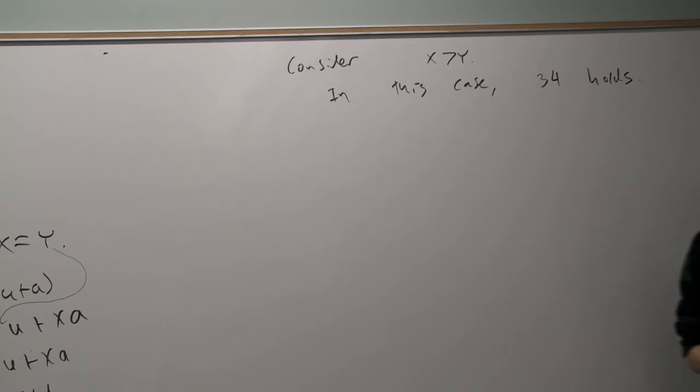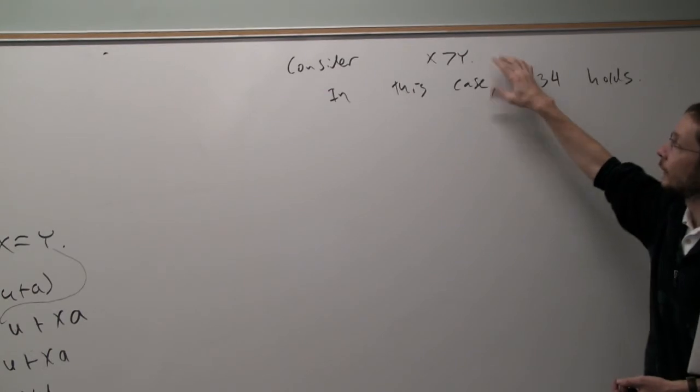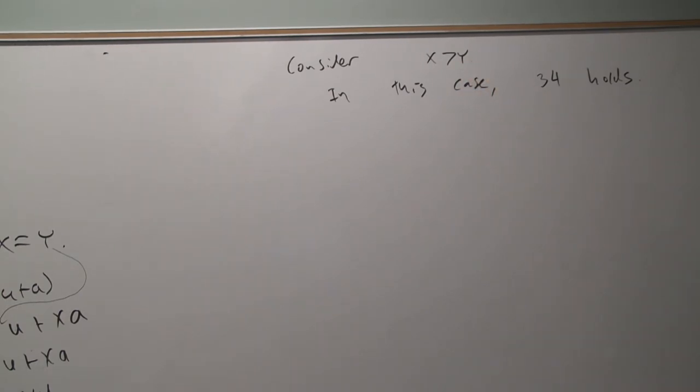So we don't need to reprove anything. In theorem 34, we said if x is greater than y and z is greater than u, then you can prove that xz is greater than yu. So since we've already proved that, we can now just apply that theorem that says, if x is greater than y, then xz is greater than yu.